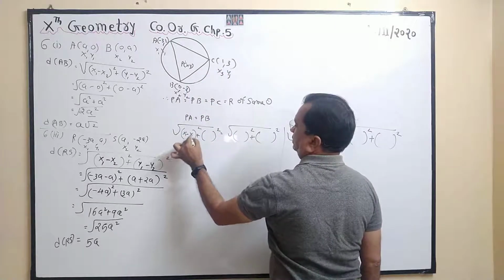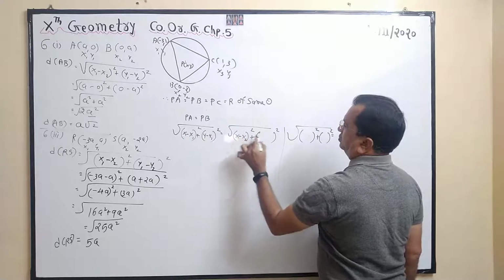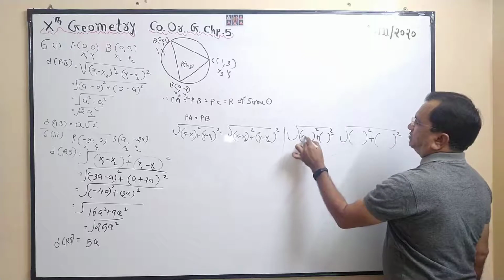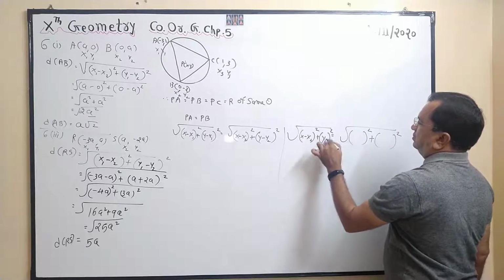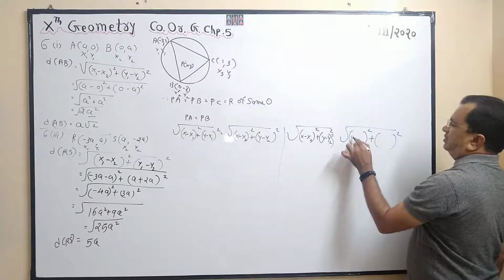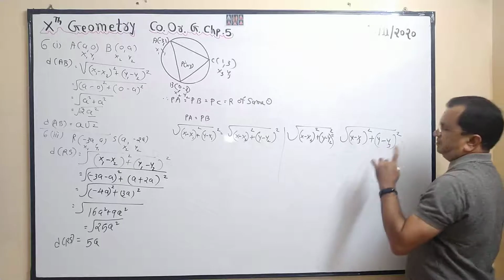So (x minus x1), (y minus y1), (x minus x2), (y minus y2), (x minus x3), (y minus y3).